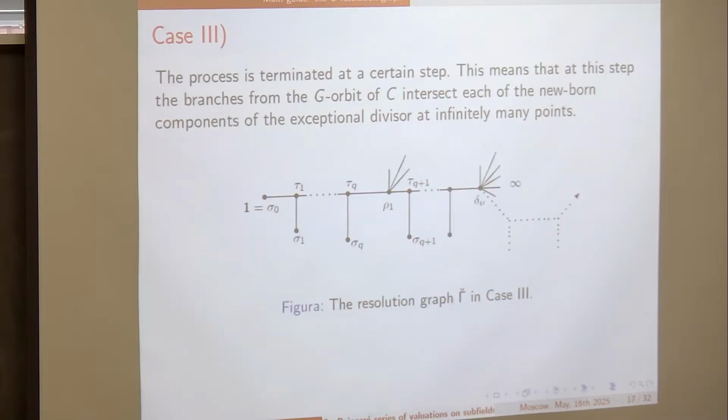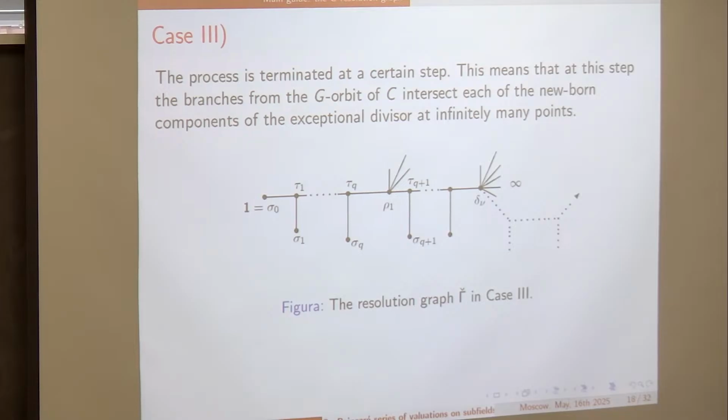And the third case is the case I explained, in which we have some transcendental that we finish in some step. So you arrive at some point in which, instead of having a finite number of conjugates, you have an infinite number of conjugates. That means you arrive at a point in which the parameter is transcendental over the field K. Okay? So in that case, we stop there.